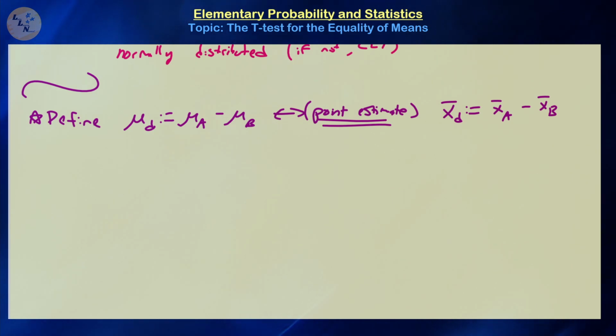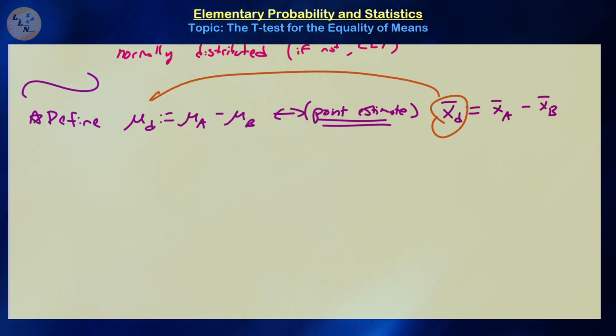So the first question that we need to answer is: is x bar d an unbiased estimator for mu d? And we should already know how to assess that.